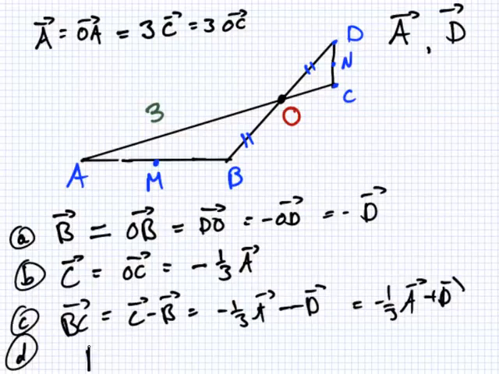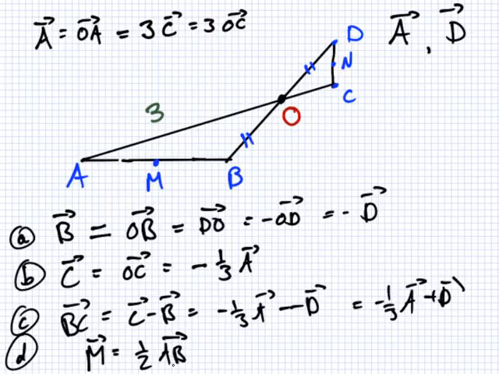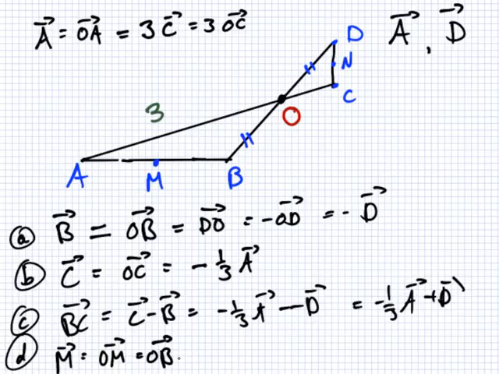M. Well, M is in the middle of AB, so it's just a half AB. Do I know AB? Oh no, I don't actually know AB. So maybe I want to... Oh no, it's not. I'm sorry. M is OM, which is OB plus BM.